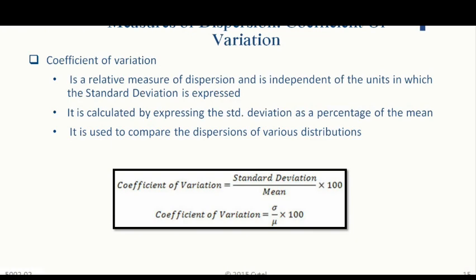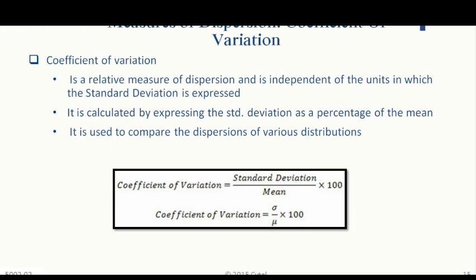So, in order to make that comparison possible, there is a measure that we study which is known as coefficient of variation. It is basically a relative measure of dispersion and it is independent of the units in which the standard deviation is expressed. How do you make it unit free? You divide the standard deviation by the mean. Those who have learnt physics know how the units cancel each other, right?